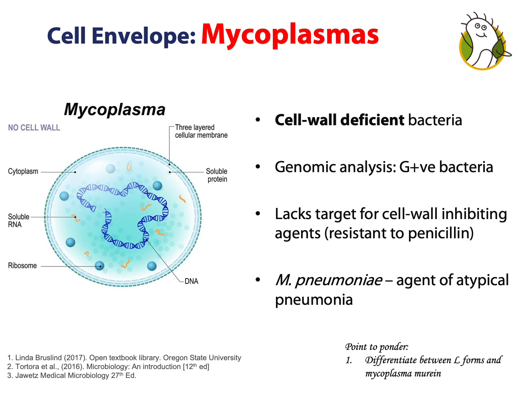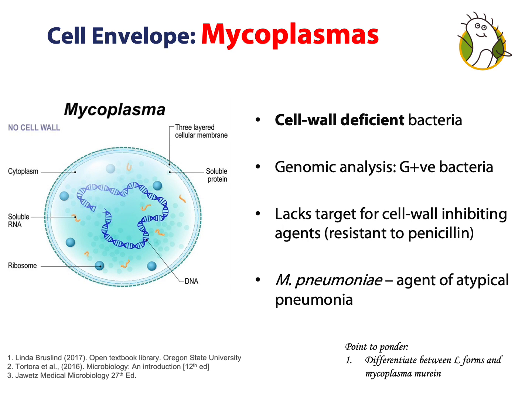You also have organisms, class, that do not contain a cell wall, and these are cell wall deficient bacteria. A common example is Mycoplasma. Your Mycoplasma, by genomic analysis, belongs to the gram-positive organisms. Since these organisms do not contain a cell wall, they lack the target of cell wall inhibiting agents.